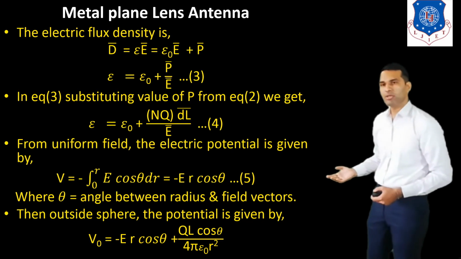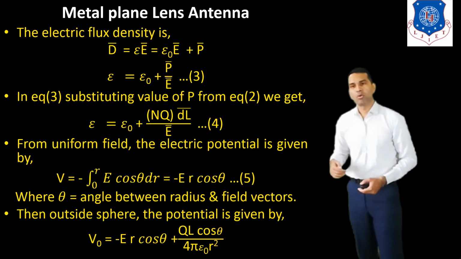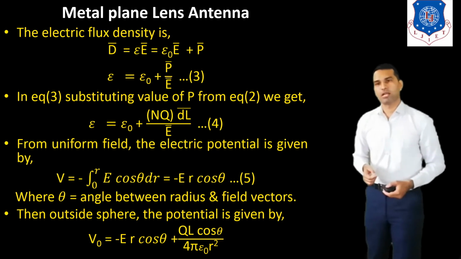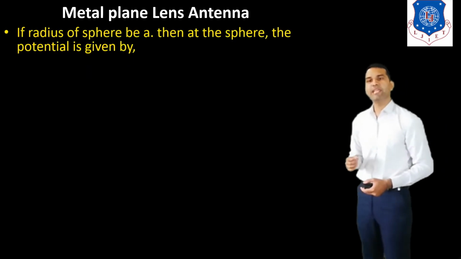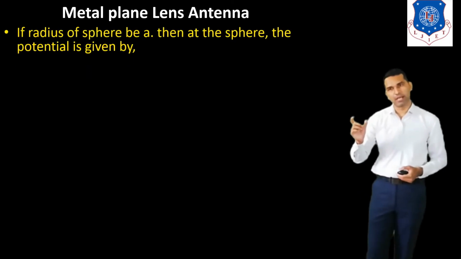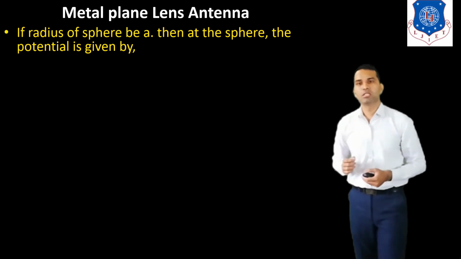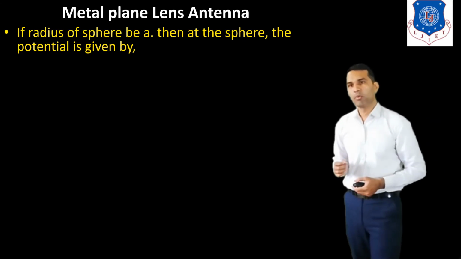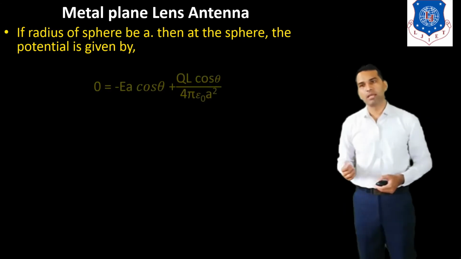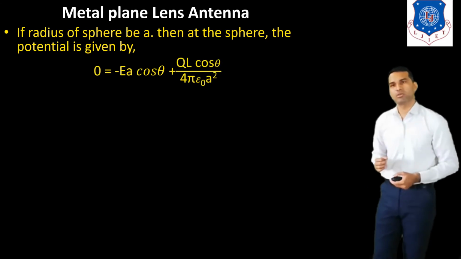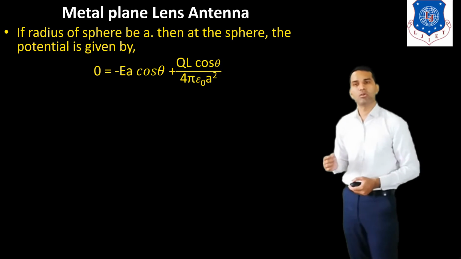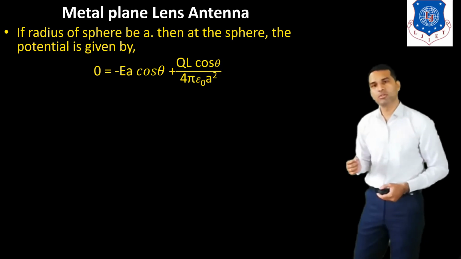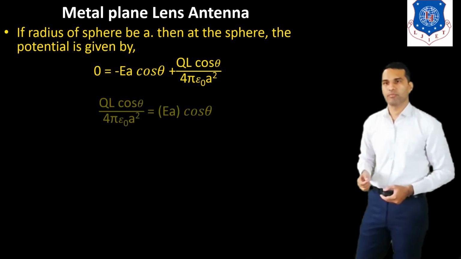So V0 indicates the potential outside of the sphere. If the radius of the sphere is a, then at the sphere, the potential is given by 0 equals minus E a cos theta plus q l cos theta upon 4 pi epsilon 0 a square.